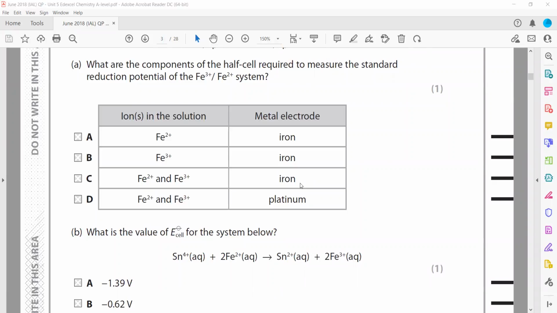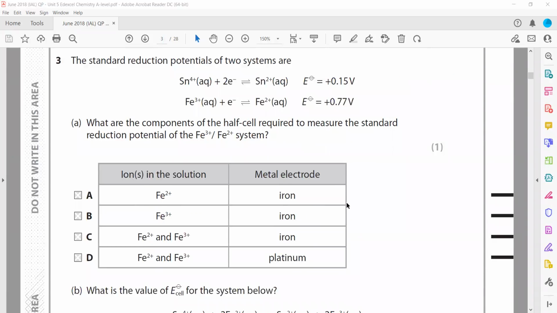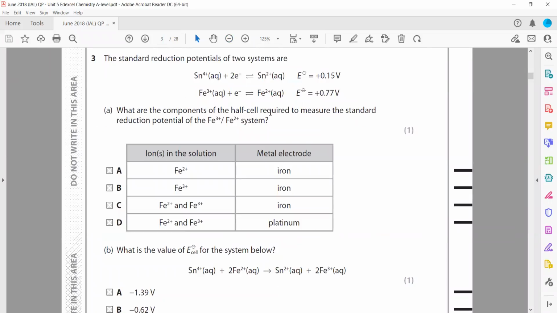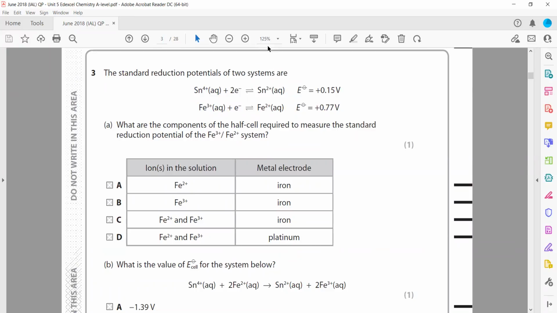The formula is valid every time, but actually what the formula gives us is the feasibility. Whenever we use the formula, it gives us a feasible reaction. If I use the formula reduction minus oxidation, it will be 0.77 minus 0.15, so the electrode potential will be 0.62.